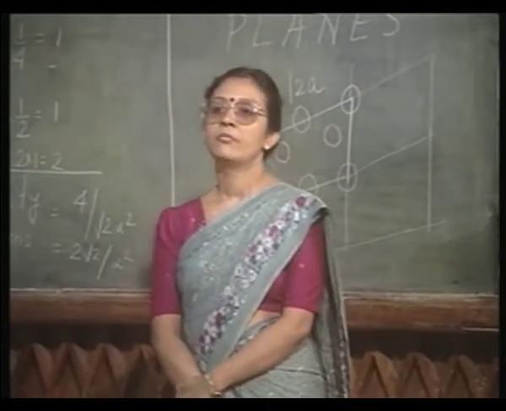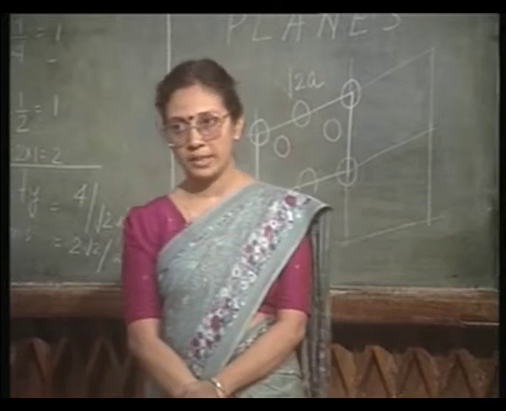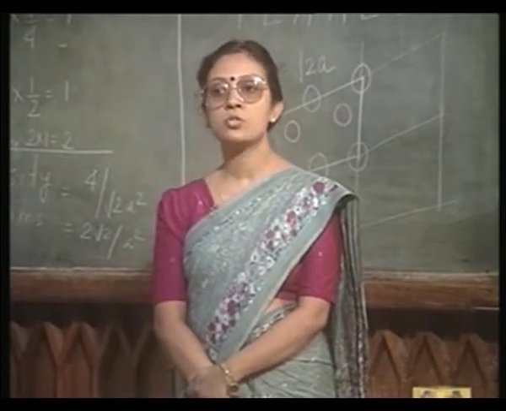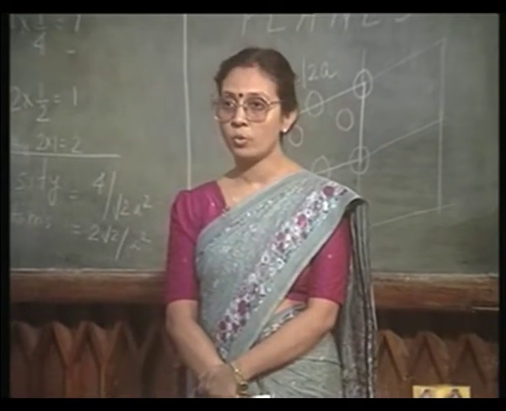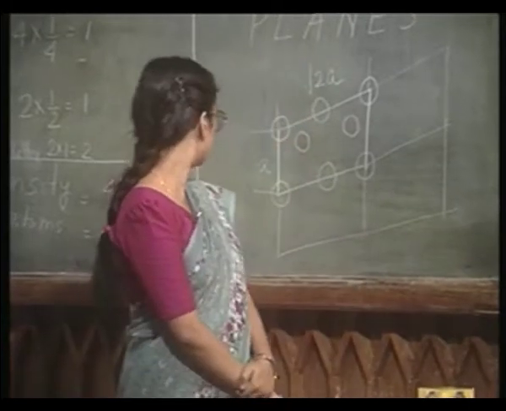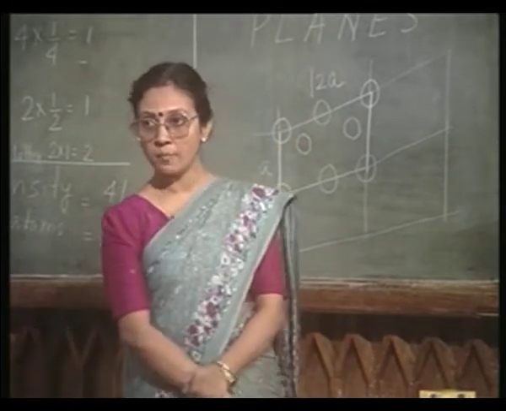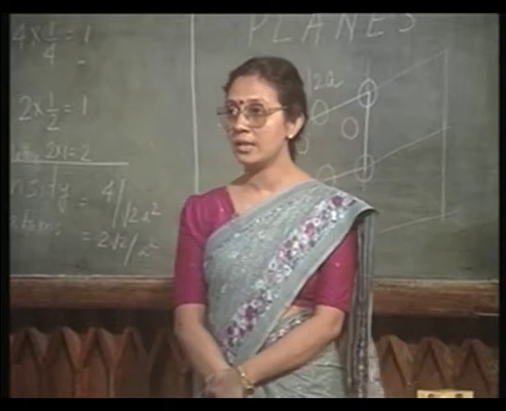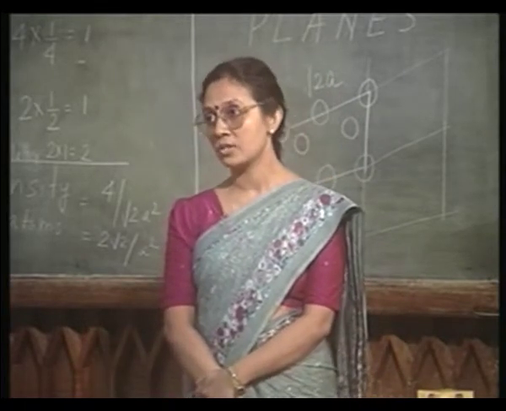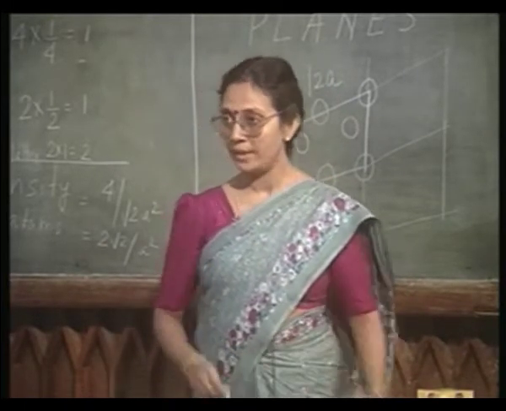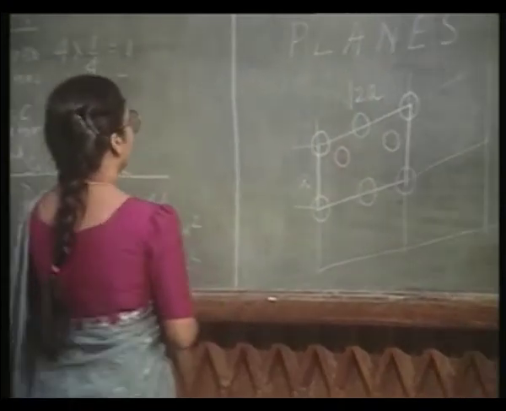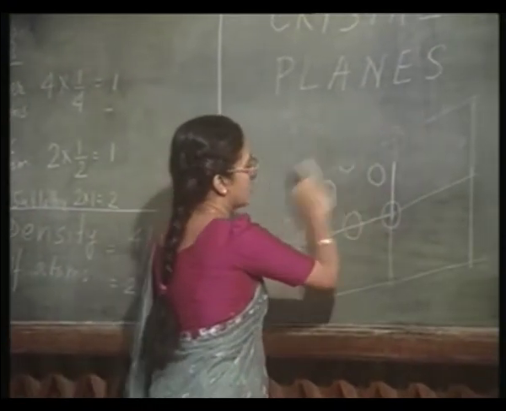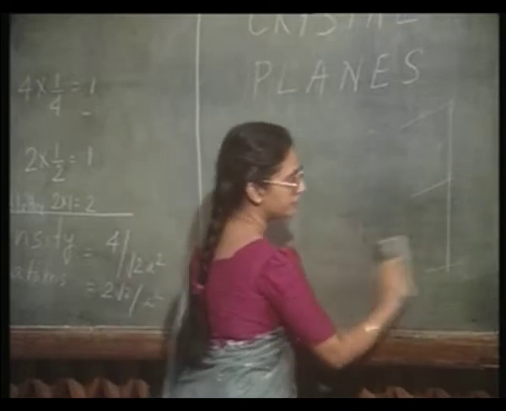So, you see, for 100 plane, the atomic density was 2 by A square. For 110, the atomic density is 2 root 2 by A square. Therefore, atomic density is larger in case of 110 planes. Right. Now, let us take the case of 111.